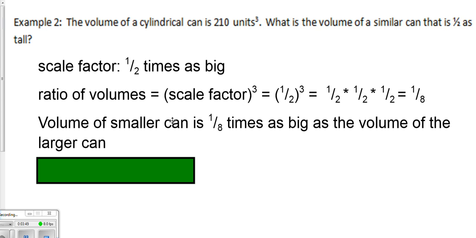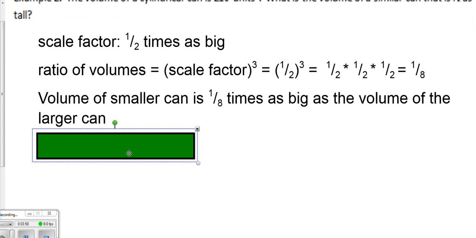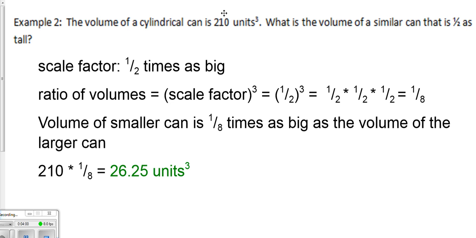The volume of the smaller can is going to be 1/8 times as big as the volume of the larger can. So we would just take this volume, 210, times 1/8, and we get that the volume of the smaller can is 26.25 units cubed. That would be how to find the volume of a smaller can.